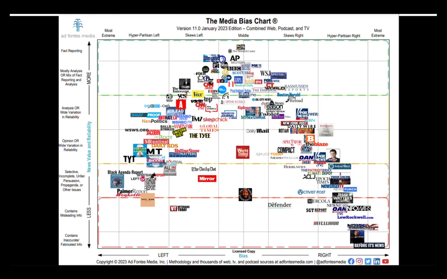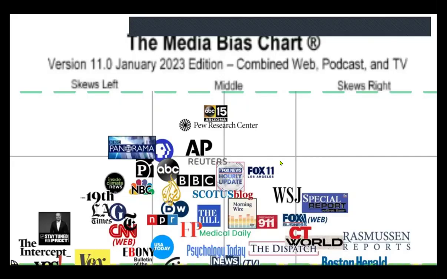Let me go on to the next slide. On this slide, every day in my inbox, I get the Dispatch, which is down here, a right-leaning blog, and I get Reuters summary of the news. So those are the two things that are influencing my thinking all the time.